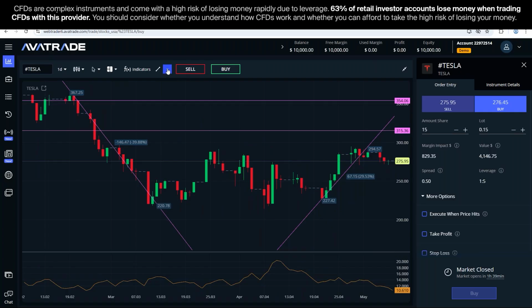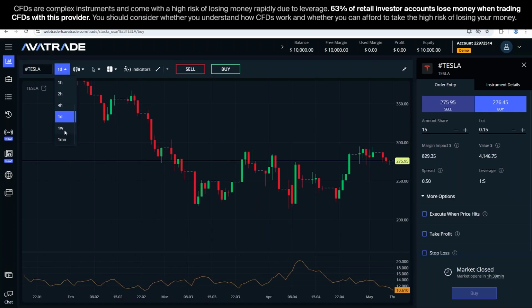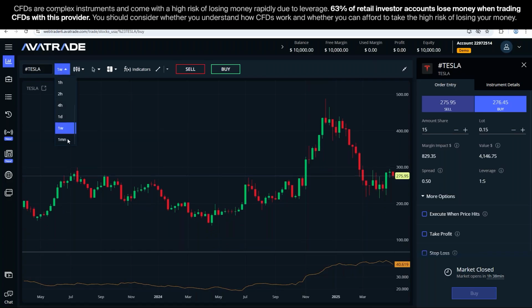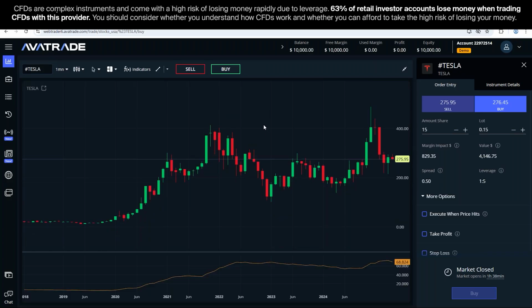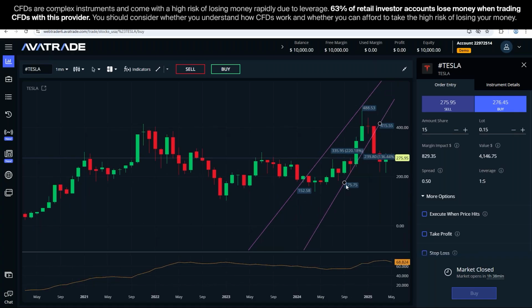Changes that we've got with Tesla. So let's change quickly to weeks and just one more time for months. Okay, and we can see that the general trend for Tesla has been quite bullish, right? And we might expect Tesla to rise again.